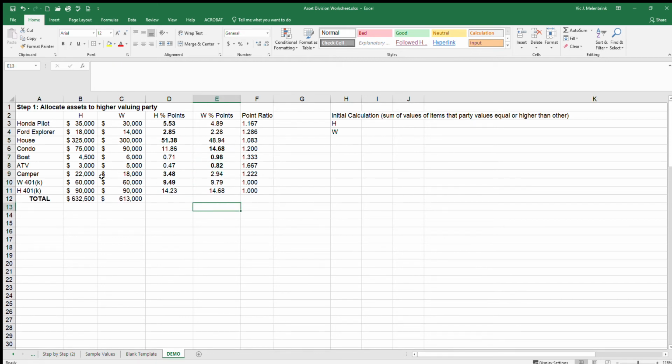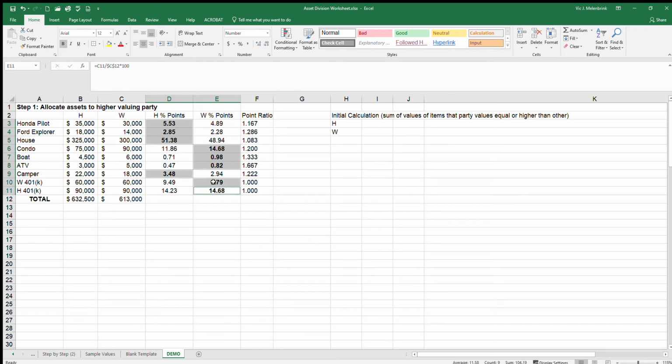And finally, oh, you know what, I messed up. On that one, wife is higher. Okay, so I just went through and bolded, and it might be hard to see, so I'm going to make them italics as well, so you can see which person has the higher valuation.